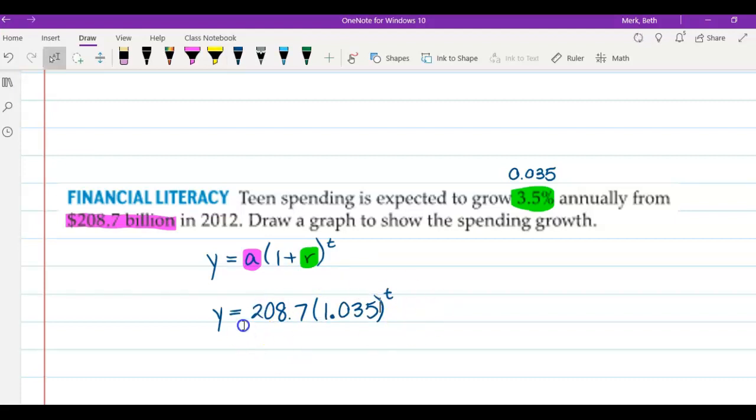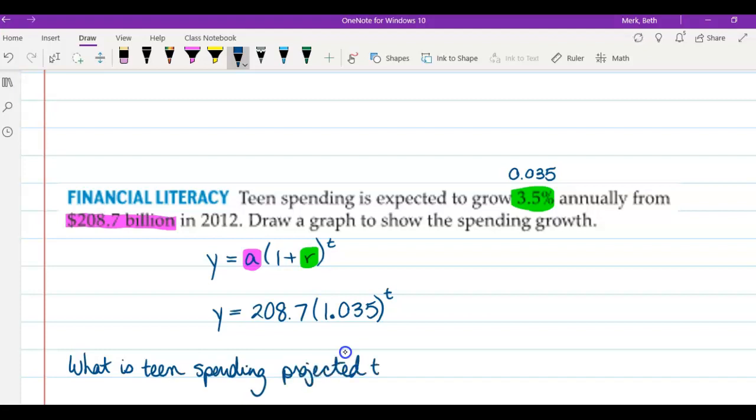And if we wanted to know what the teen spending is expected to be when it's 2020, let's write that out. What is teen spending projected to be in 2020? Well, that is all about time, but I need to know what to put into my formula here.